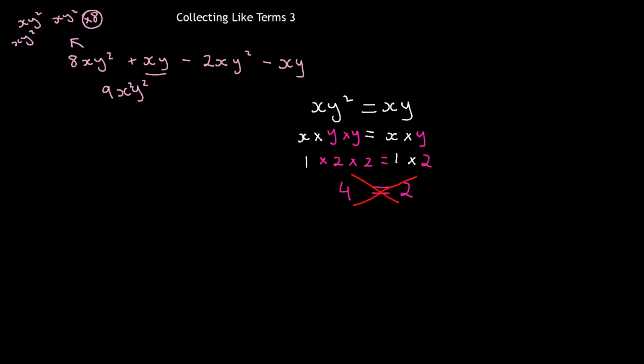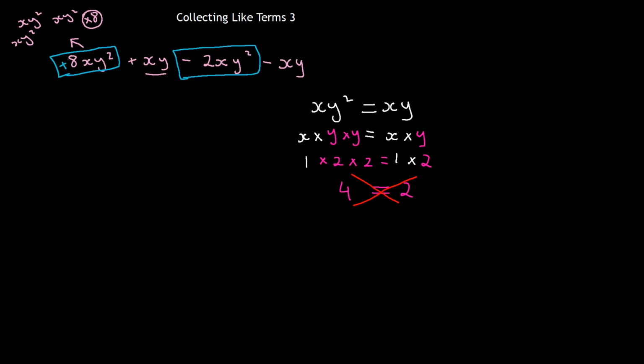Now back to the first problem. Let's rub this off. So how do we add it up then? We look at the like terms and go, I've got xy squared. Do I have another xy squared? Well, I have one here, a negative 2xy squared, and there's my positive. Remember, every term is positive unless there's a negative sign.